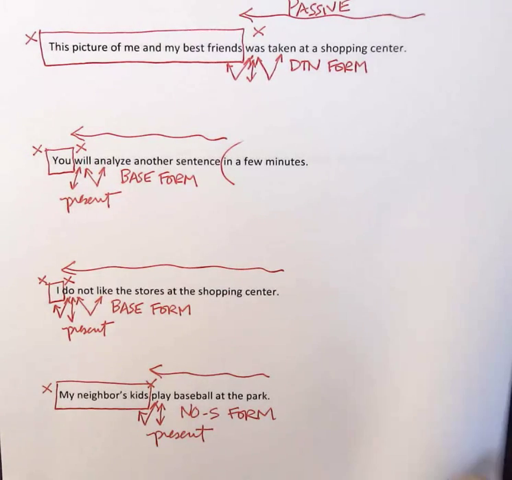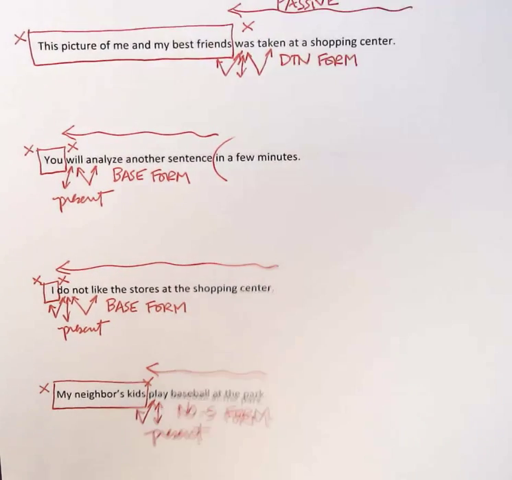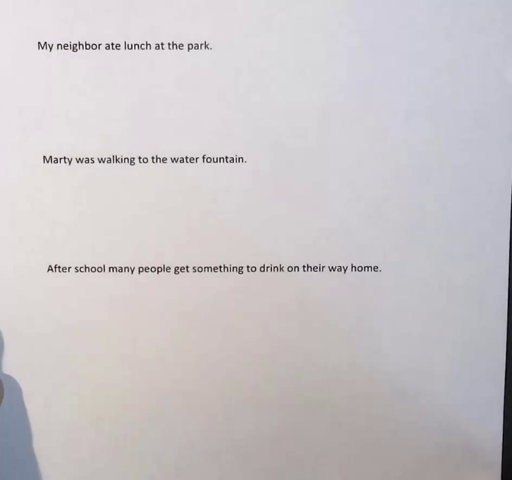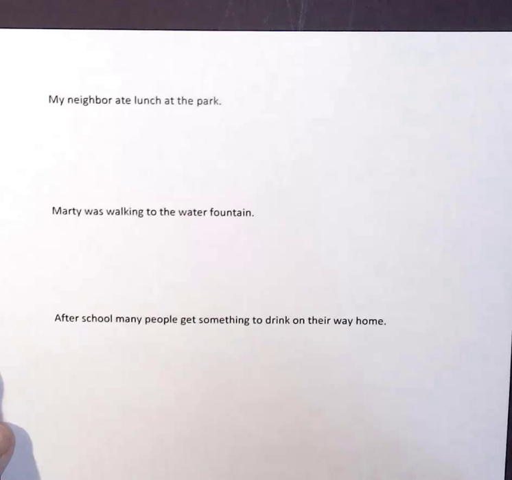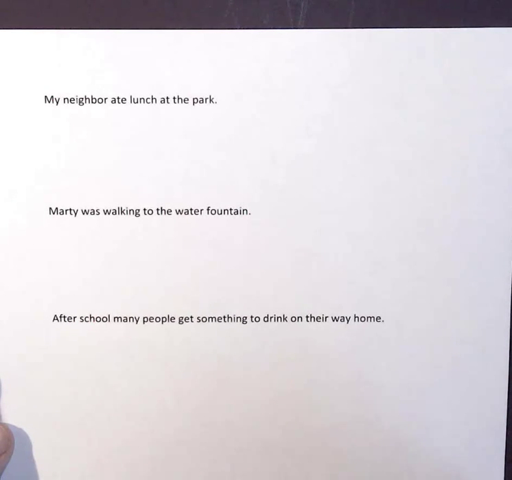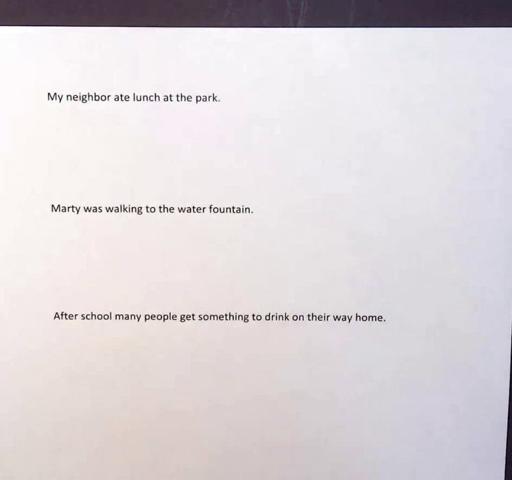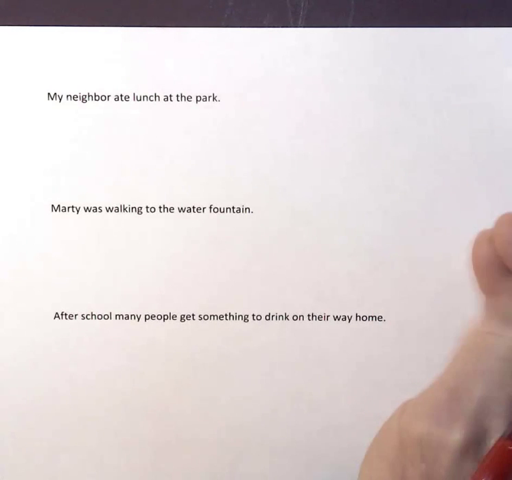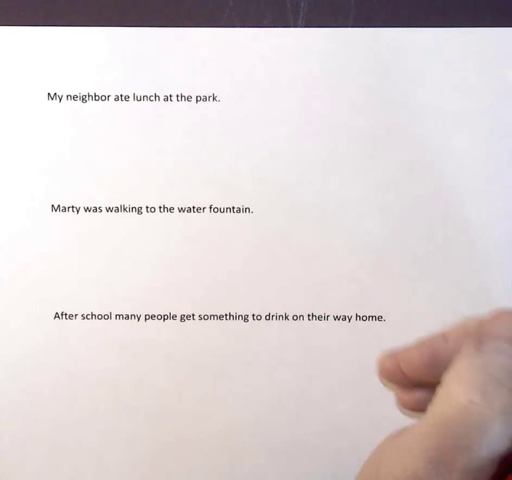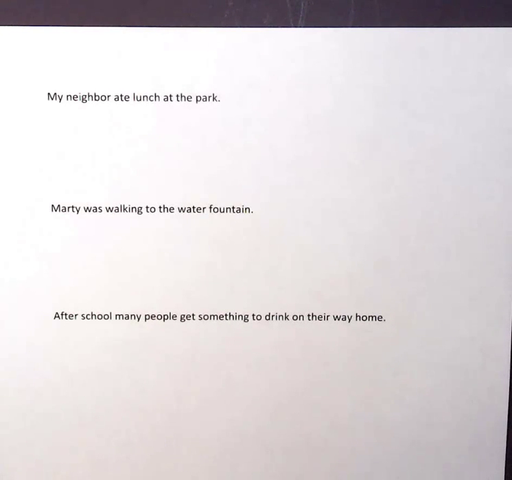Okay, stop the video. Come back when you're done with the next sentence. And here we go. My neighbor ate lunch at the park. That's at the park again. Now here, if you wanted to, you could maybe say, okay, at the park is a shifter, but then you'd be emphasizing that your neighbor ate lunch in this place. In my opinion, I would again say, I don't think this is a shifter.